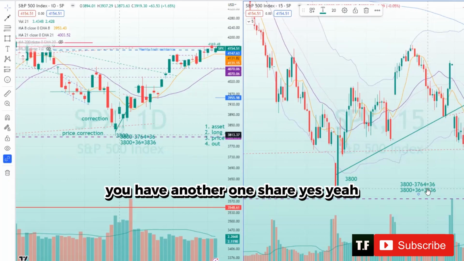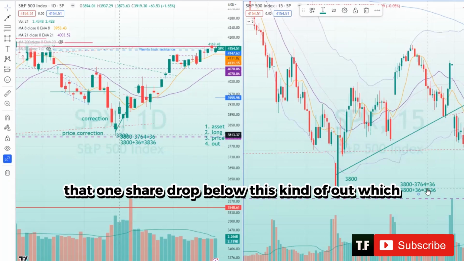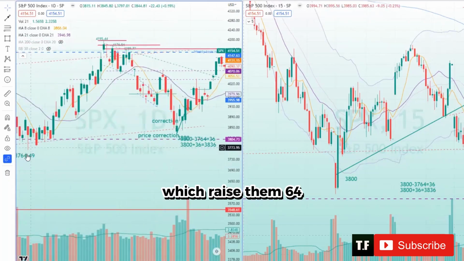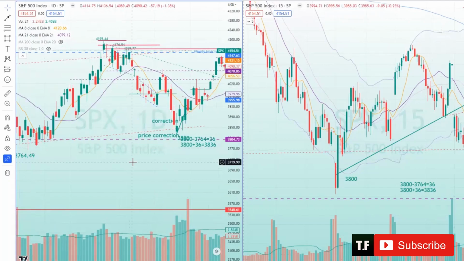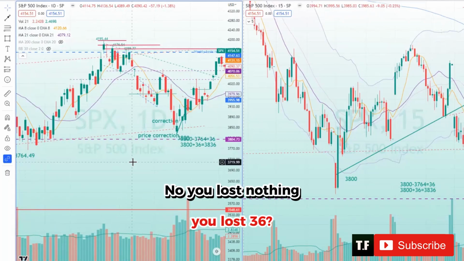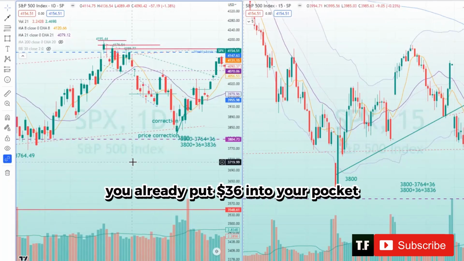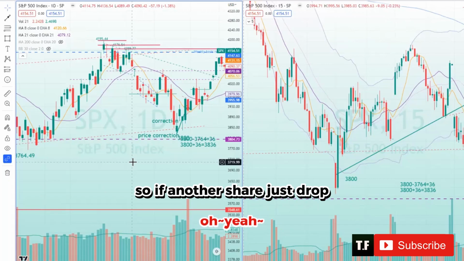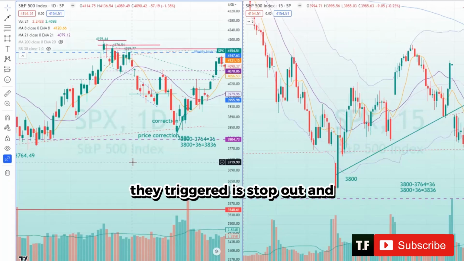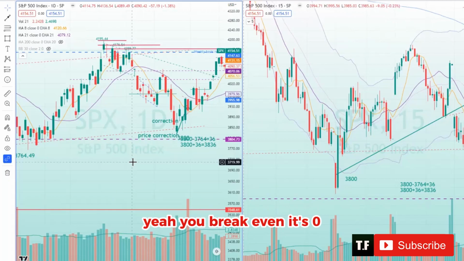If that other share drops below this out, which is 3764, how much did you make in this trade? So if it dropped, you're stopped out? Yes. Then you lost what? You lost the 36? No, you lost nothing. You already put $36 into your pocket. So if the other share just drops and triggers the stop out, you still break even on this trade. You break even. It's zero.